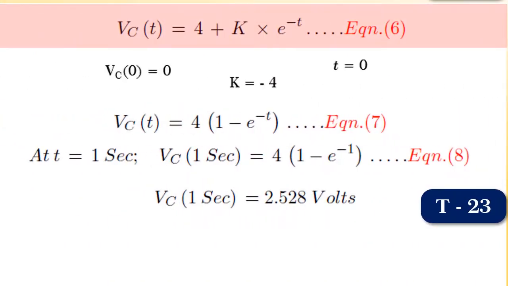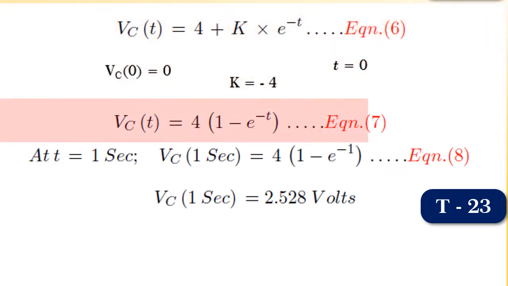So, substituting this value in equation 6, we get k is equal to minus 4. Substituting the value of k in equation 6, we get Vc of t is equal to 4 into bracket 1 minus e to the power of minus t, and this is the complete solution for Vc of t.